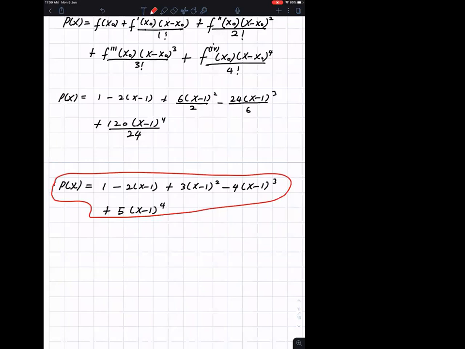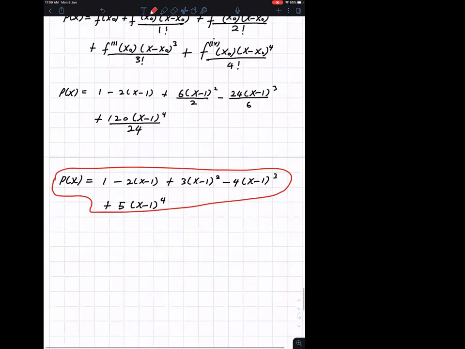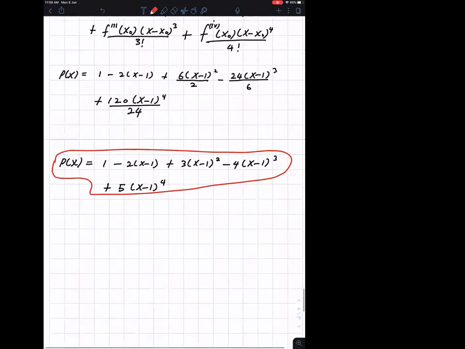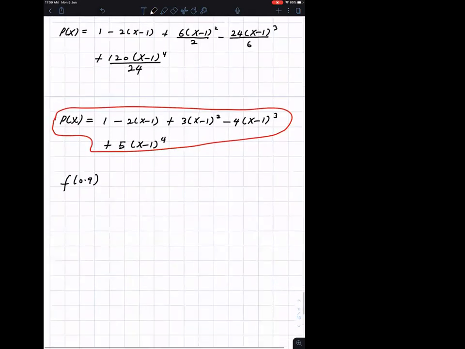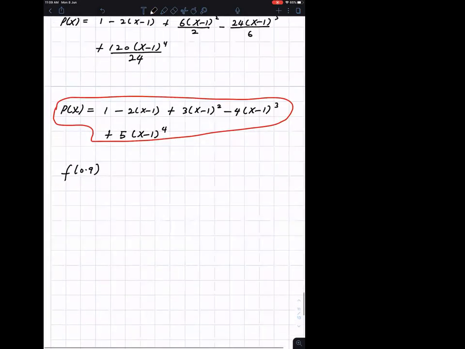So that's a polynomial. With this polynomial, you can do wonders. Now you can use it to find P(0.9). Find the value of this polynomial at x equals 0.9.